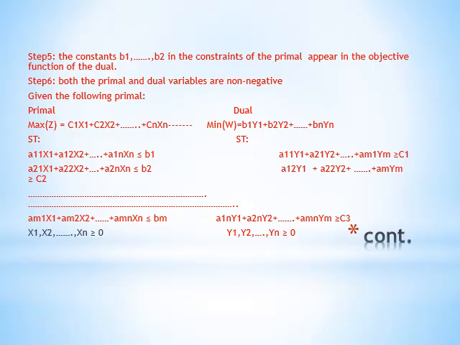The constraints of minimization all the time are more or equal, but the constraints of maximization all the time are less or equal.